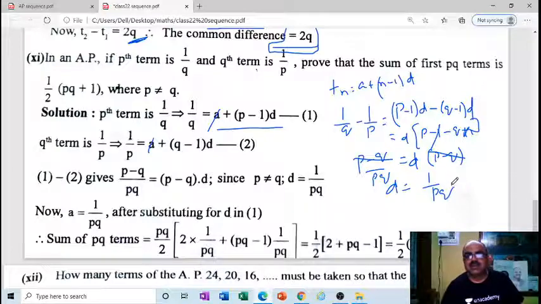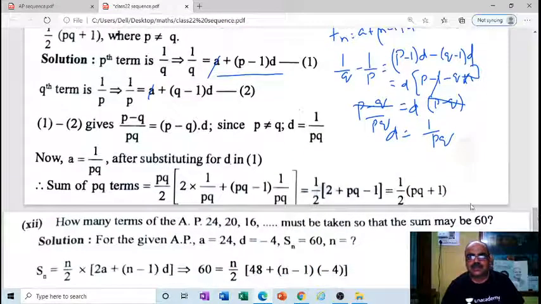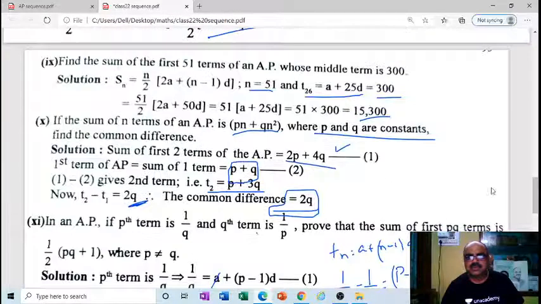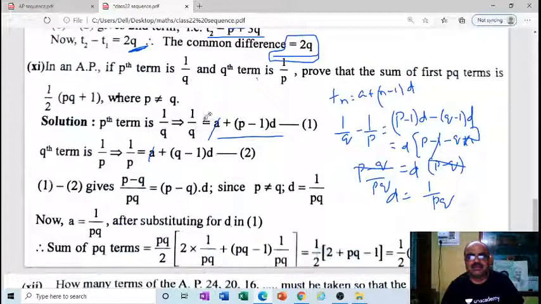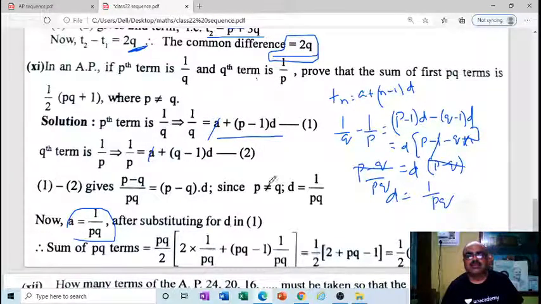Now d we have got as 1 by pq. If d is 1 by pq, substitute this in one of the equations here, you will get a, and a will also be 1 by pq. You can check it out, not an issue.